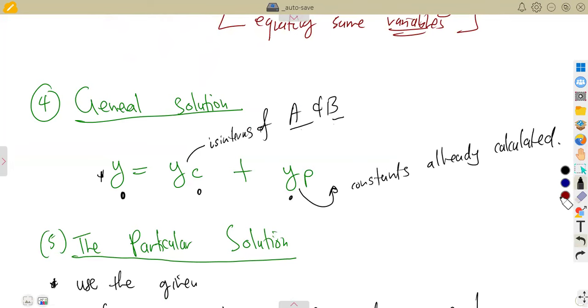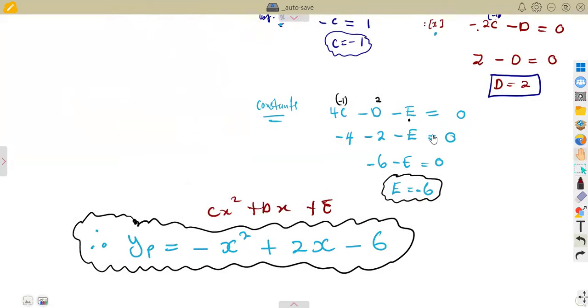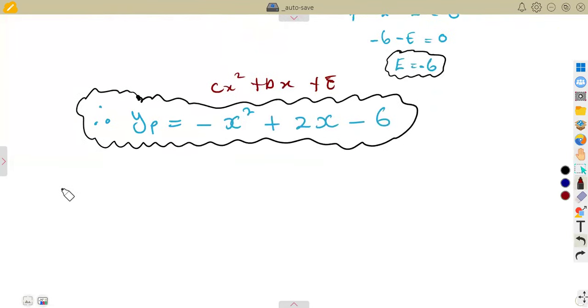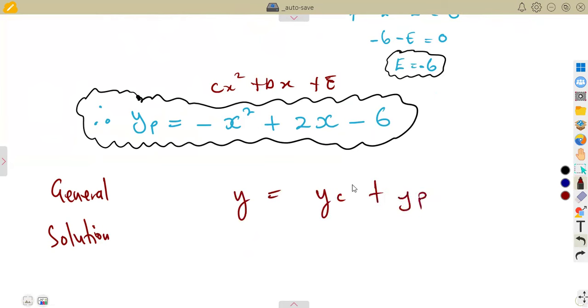That is the last part that we need, since the question was on the general solution. So our general solution is y equals yc plus yp: complementary function plus the particular integral.